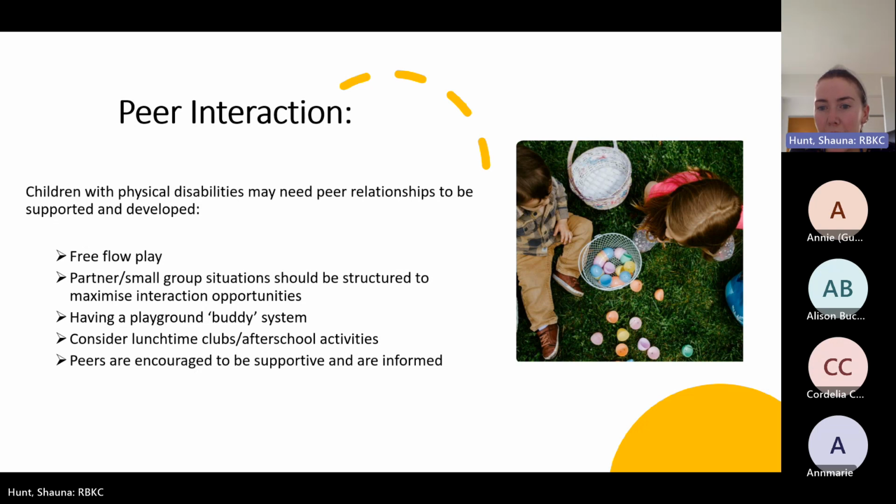If the child is using a certain piece of equipment, be open with their peers about their disability and why they need this. I think that can really help foster acceptance. We tend to find that if children understand a child's disability, they become allies and really like helping that child. So talk about it, be open about it, don't shy away from it.